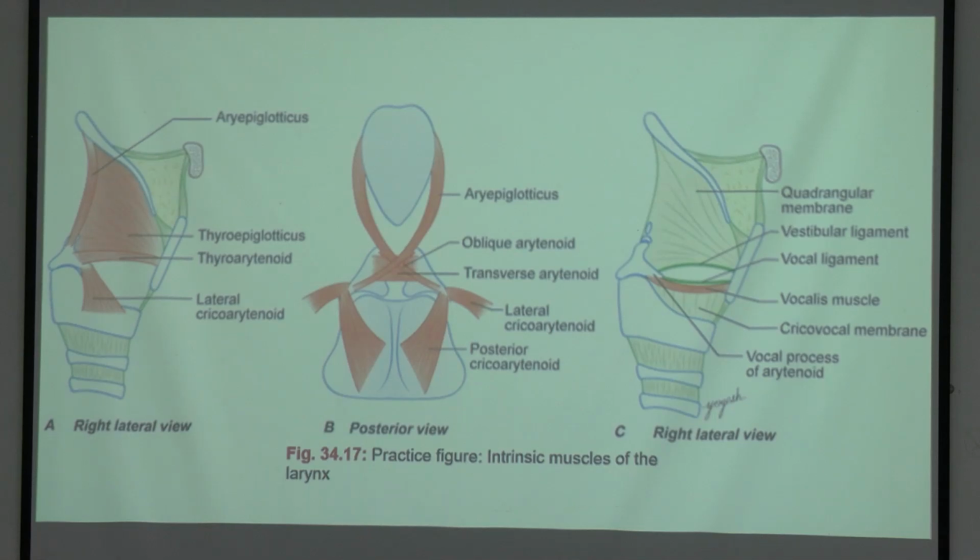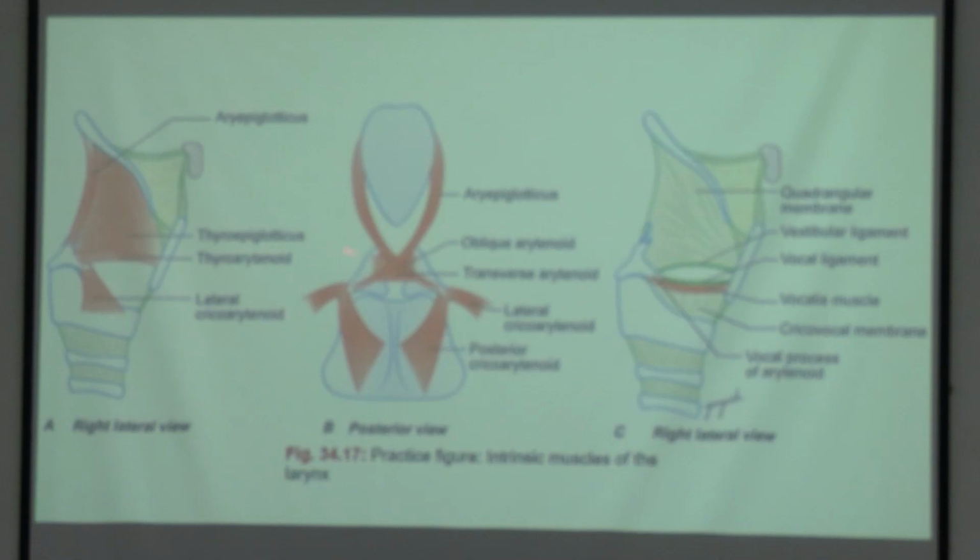This figure shows the different muscles again. This is the cricoid, above which we get the arytenoid. This is the muscular process. This is the posterior cricoarytenoid. This is the lateral cricoarytenoid.